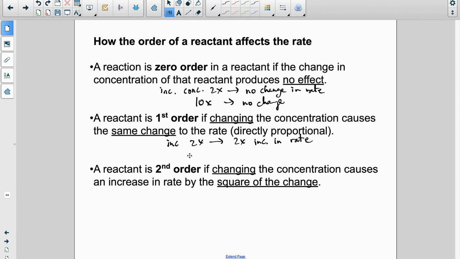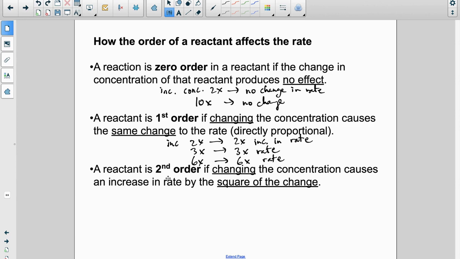If you increase it 3 times, it'll be 3 times the rate. 6 times, 6 times the rate, right? Whatever change you make to the concentration, you will see that same change in the rate.